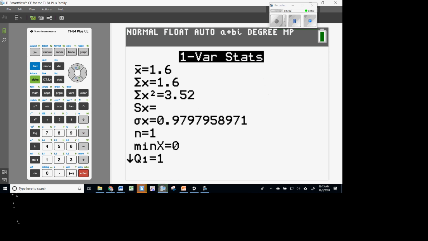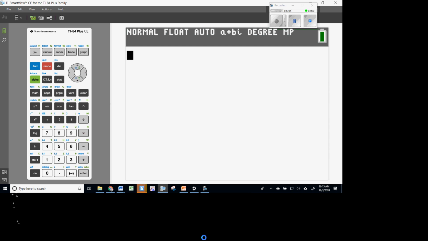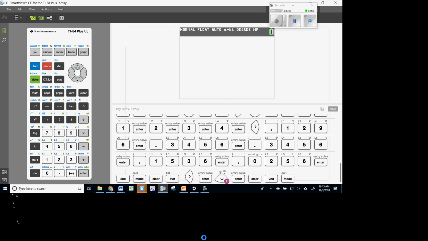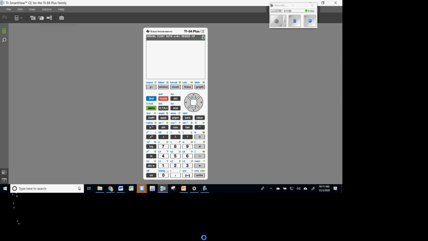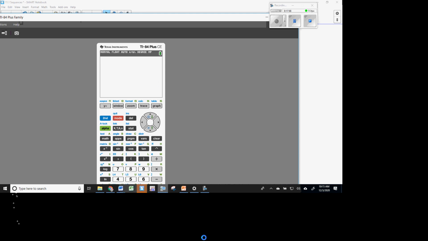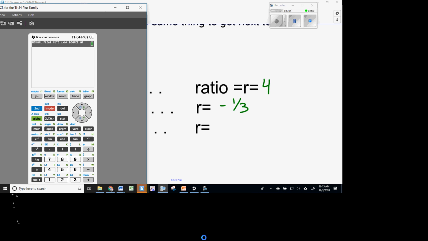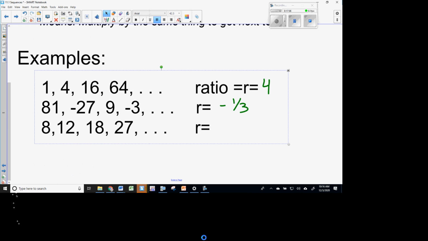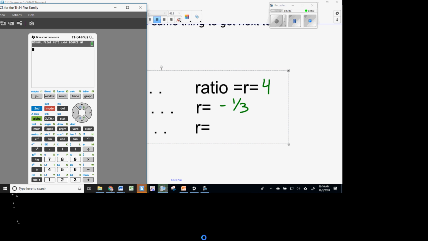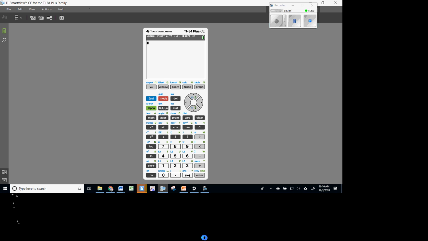And if you need to use a calculator to help you see that, you can. -3 divided by 9.